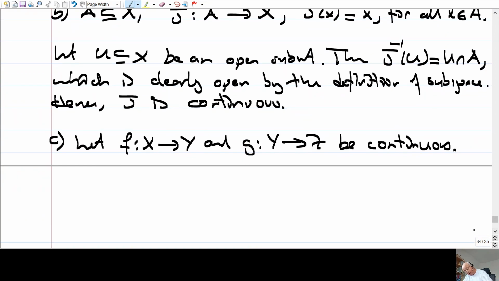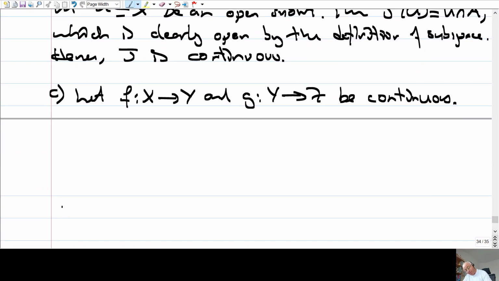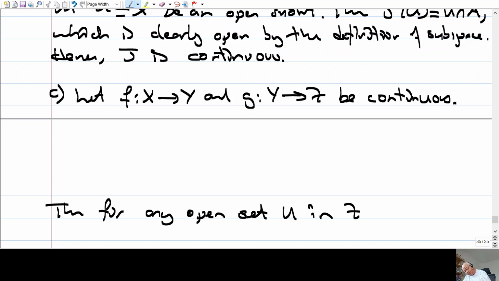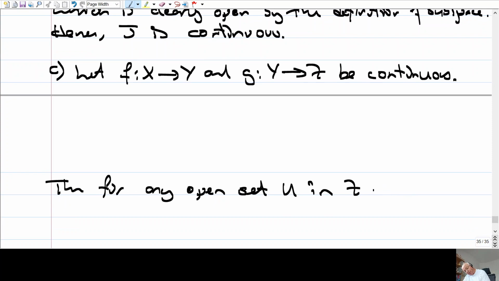Then for any open set, let's say U in Z, the pre-image.